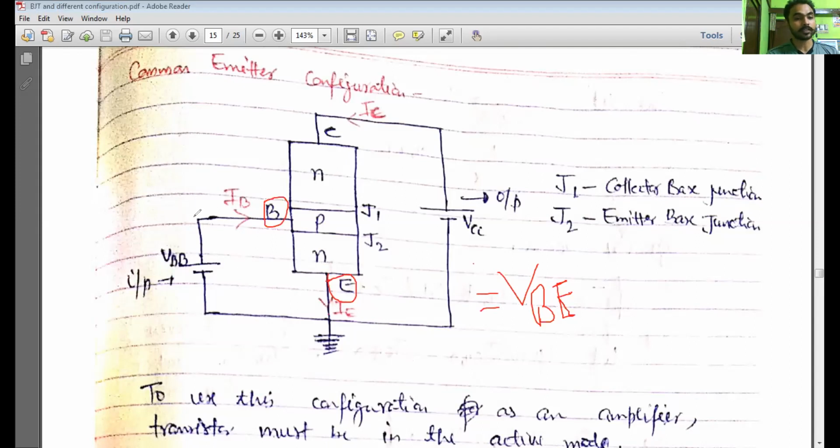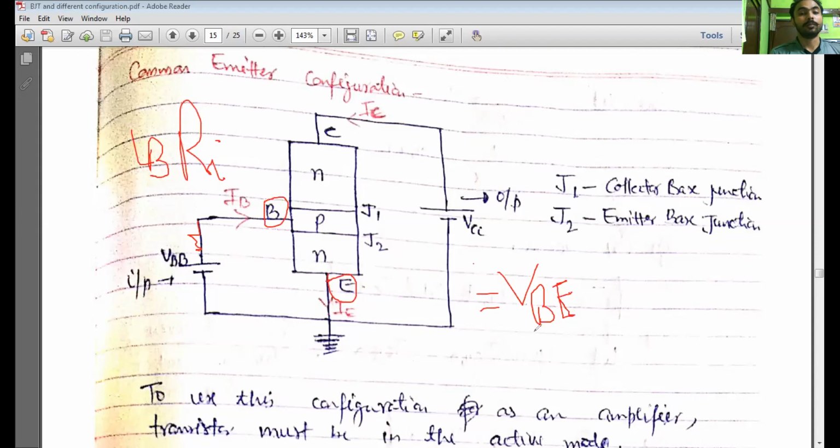But if there is a resistance, which you generally put, then there is a voltage drop across this resistance, and that voltage drop will be IB times RI.